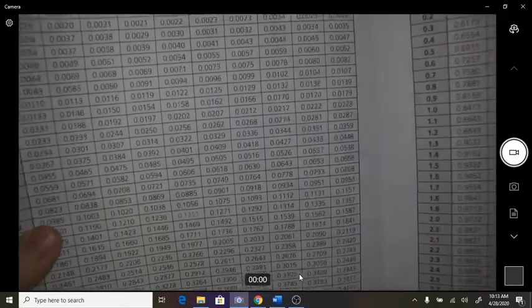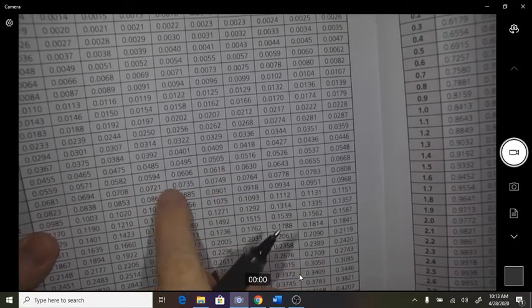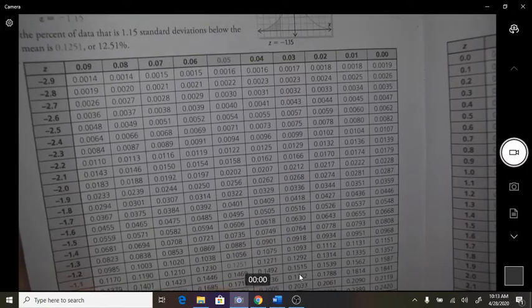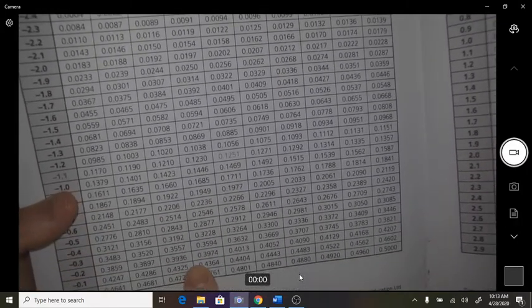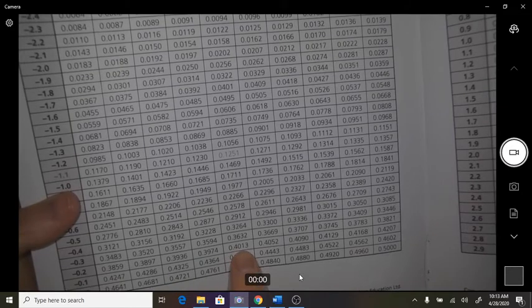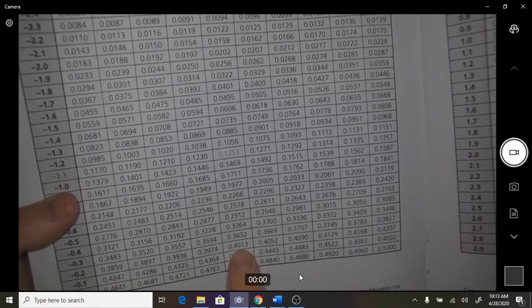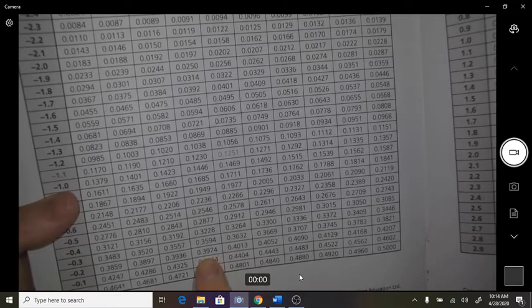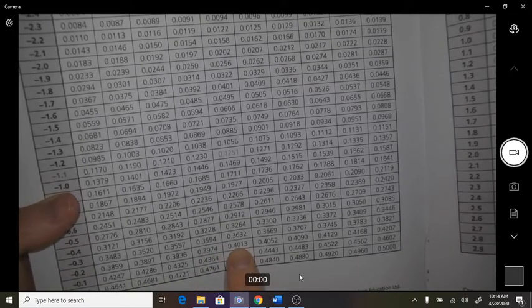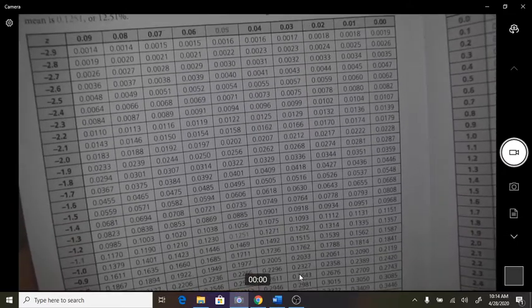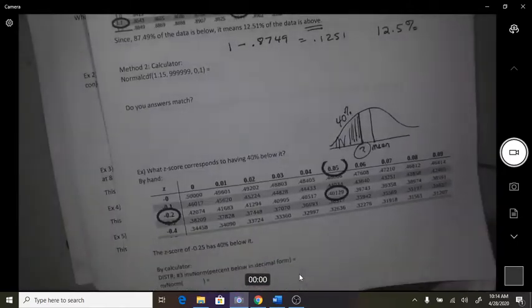So you go into your chart and you try to look for something that is close to 0.4. Okay, so we're down here. So this one is 13 away. So this one is closer than that one. So negative 0.25.